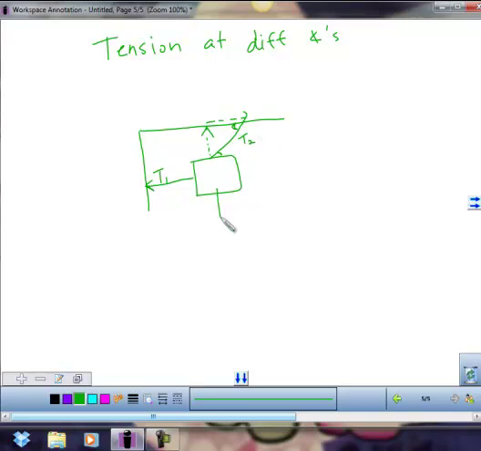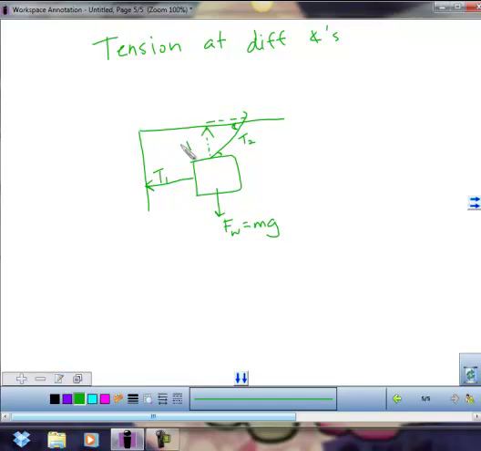Now we always know that there's a force of weight on the object, and that force of weight is always going to be the mass times gravity of wherever the surface or wherever the object is. So my force of weight is what the vertical component of the tension of this string has to counteract. So this vertical component of the tension is going to be equal to the force of weight.